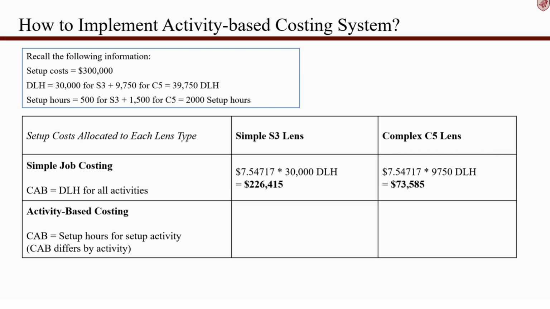But what if we apply setup hours instead of the DLH for the setup cost? Then in that case, as we've seen from the previous slide, the activity rate was $150 per setup hour, with 500 setup hours for the S3. So we multiply by 500 and we get $75,000. On the other hand, for the complex lens, we can multiply $150 per setup hour times the 1500.